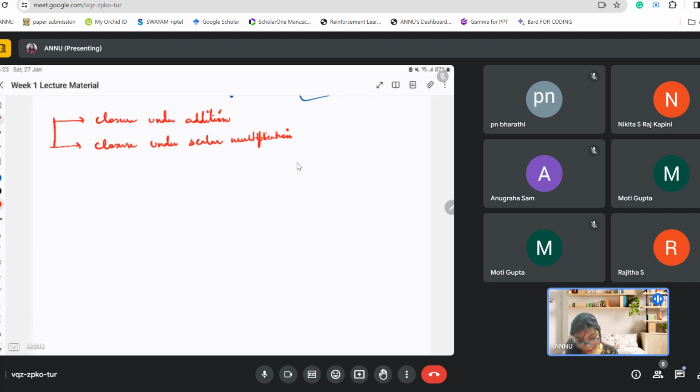So always remember these two properties. For a vector space, we have to follow these two properties. I don't know whether you know about fields or not. What is a field? How will you define a field?